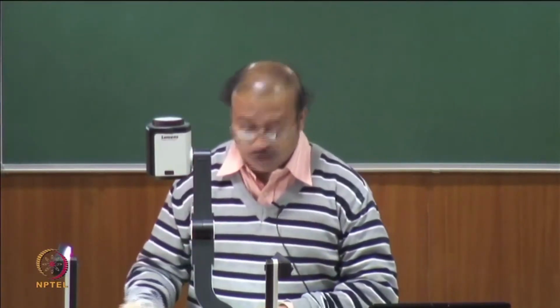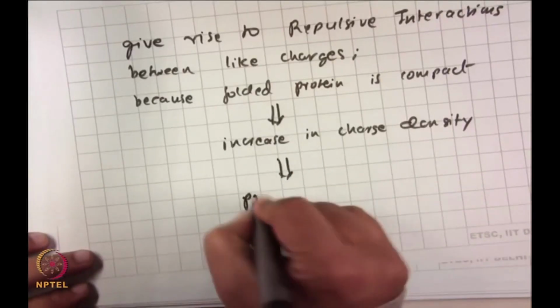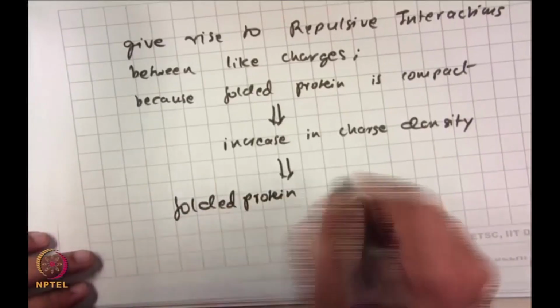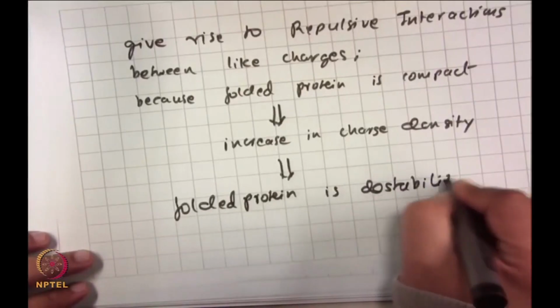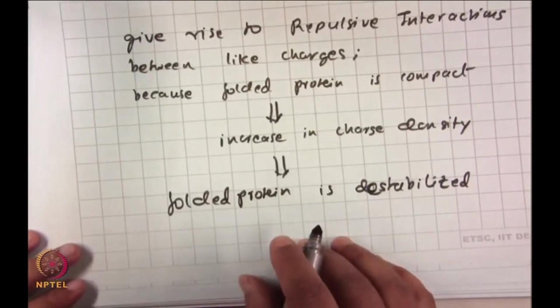So, because of increasing charge density, the folded protein is destabilized.